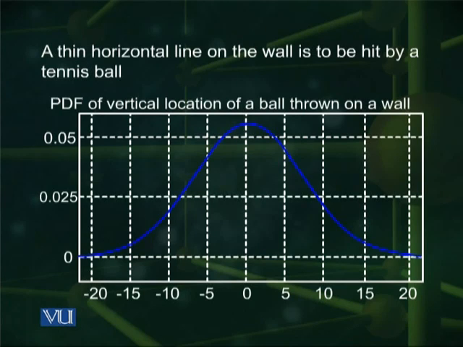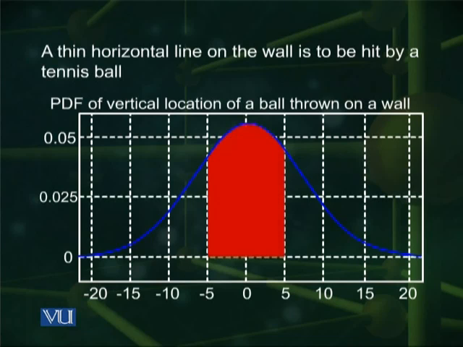On the slide, this is represented as the red region on the PDF. So the area in this red region can be found using numerical techniques, and I have used those numerical techniques, and the area comes out to be 0.52. So there is a 52% chance that the point that you hit will lie within plus minus 5 centimeters from the horizontal line.